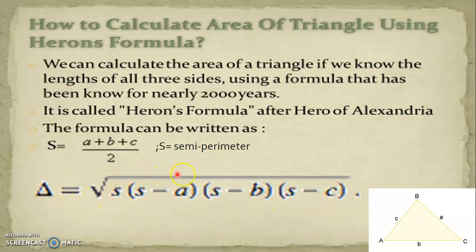And how do you calculate S? (a plus b plus c) by 2. And what are a, b, c? See this figure, these are the sides of a triangle. A triangle will obviously have 3 sides, it will not have 5 or 6 sides. So S is the sum of the 3 sides divided by 2.